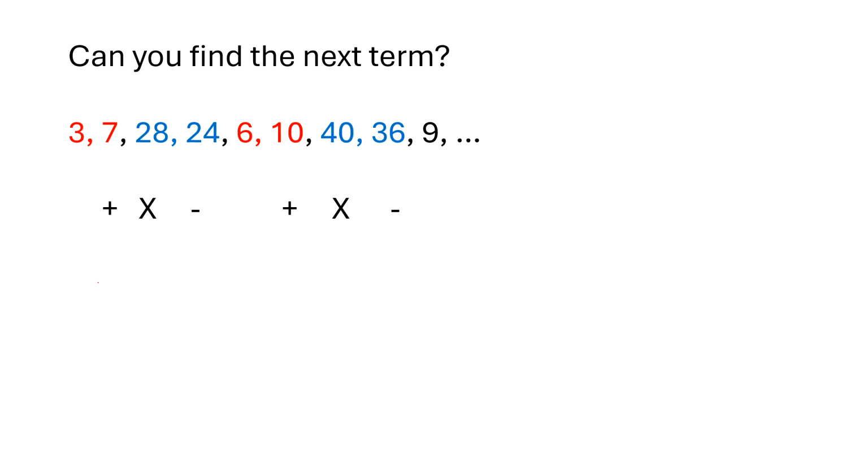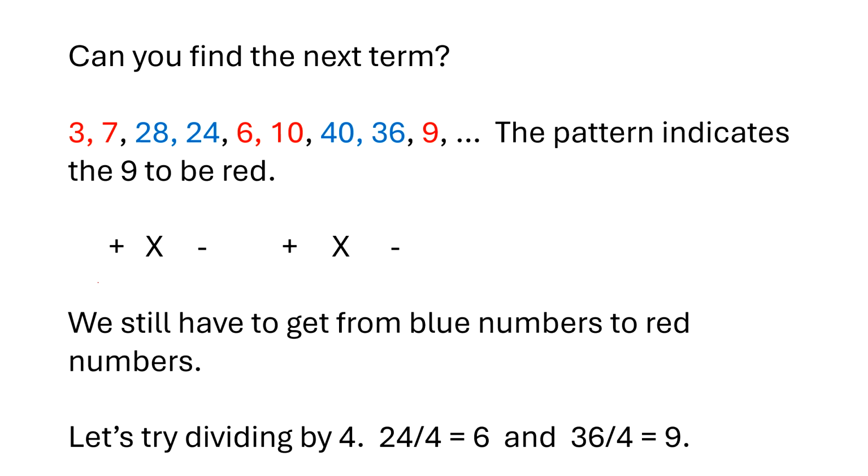So we're left with getting from the blue number to the red number: 24 and 6, 36 and 9. So how are we going to do that? Well, we still have to try something, and we've so far worked with 4. And there is one missing arithmetic operation, and that's division.